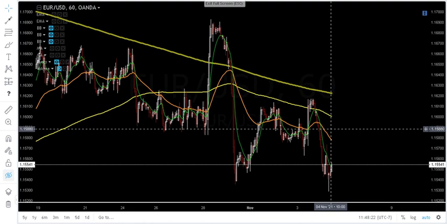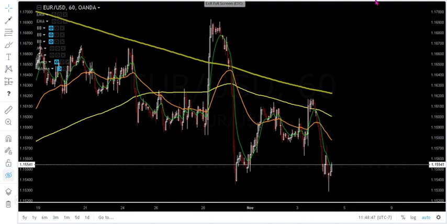Okay, so the 200 is over the 50 and the 50 is over the 9. This is super strong, a super strong downtrend, especially taking a longer view. But if you're talking about the 5 minute, 15 minute, we still have to zoom in sooner, deeper.